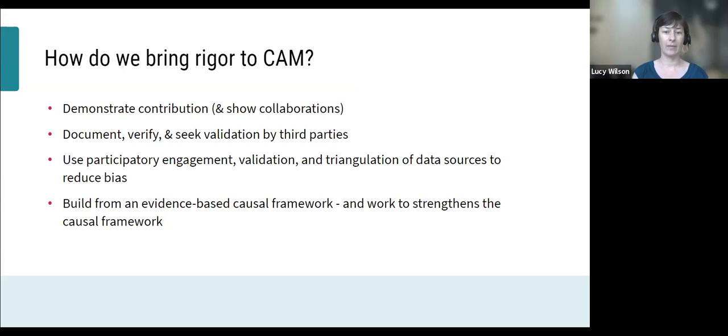You can show that it happened and or have it validated by an external third party. Then to reduce bias, CAM approaches call for wide participation of stakeholders, external validation, and or triangulation of data sources. And finally, CAM approaches often build on strong evidence-based causal frameworks to bring rigor. Or the approach includes steps to strengthen the causal framework. Next.